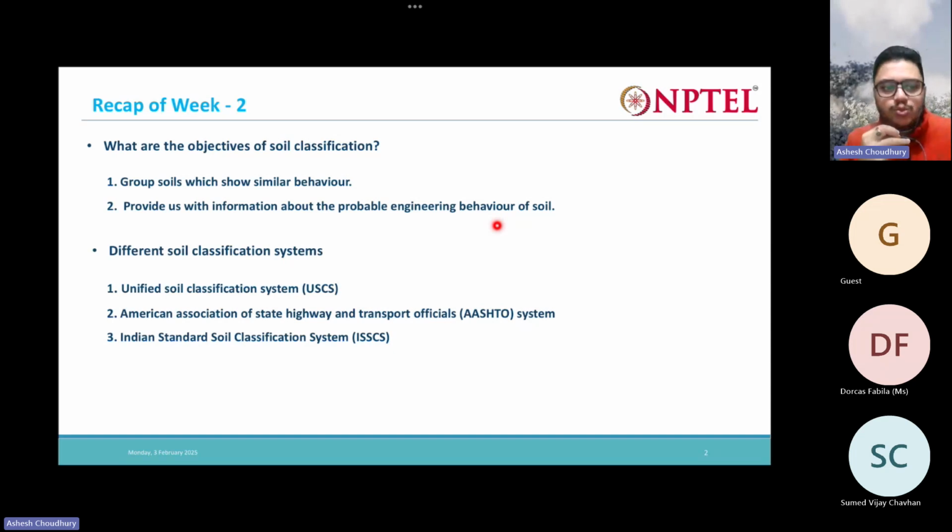We are going to discuss the Indian Standard Soil Classification System. Both these systems are almost similar, with a little bit of differentiation, but they are 99% the same. So if you know one, you can easily know the other one also.